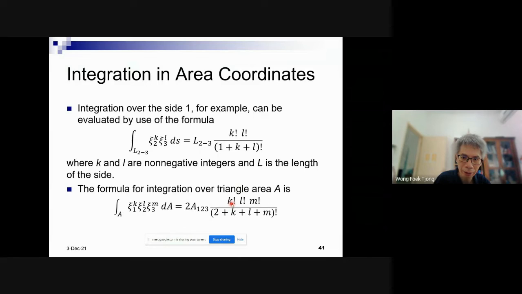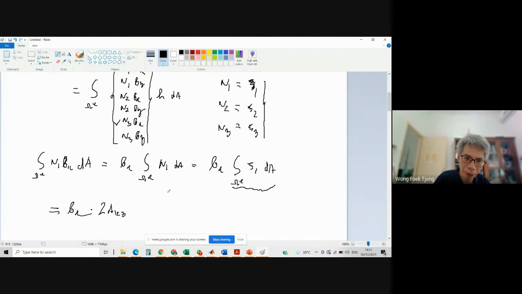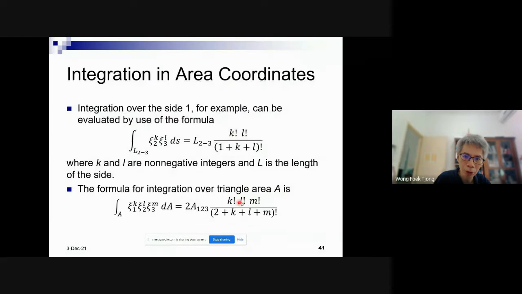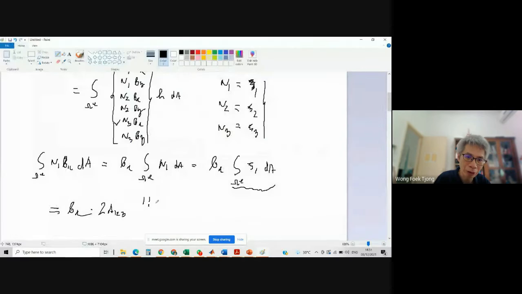And then multiply with this one. K factorial, where K is the power 1. It means 1 factorial. Okay. But what are L and M? 0, of course. No C2, no C3, right?